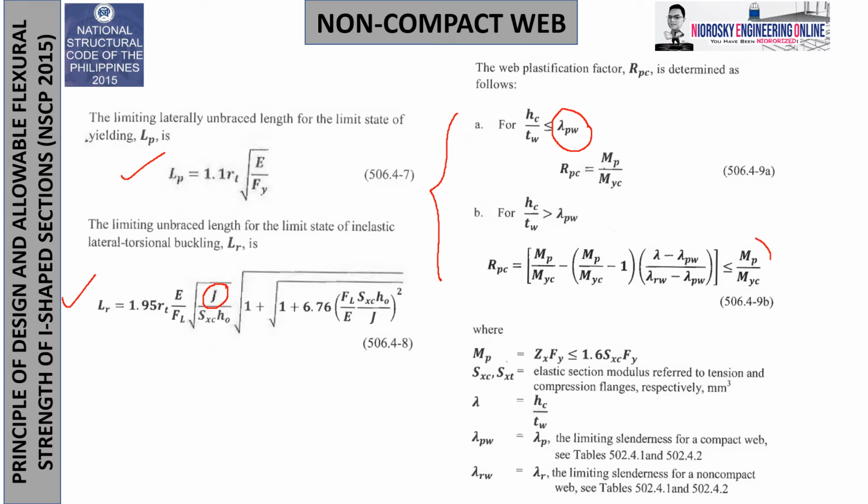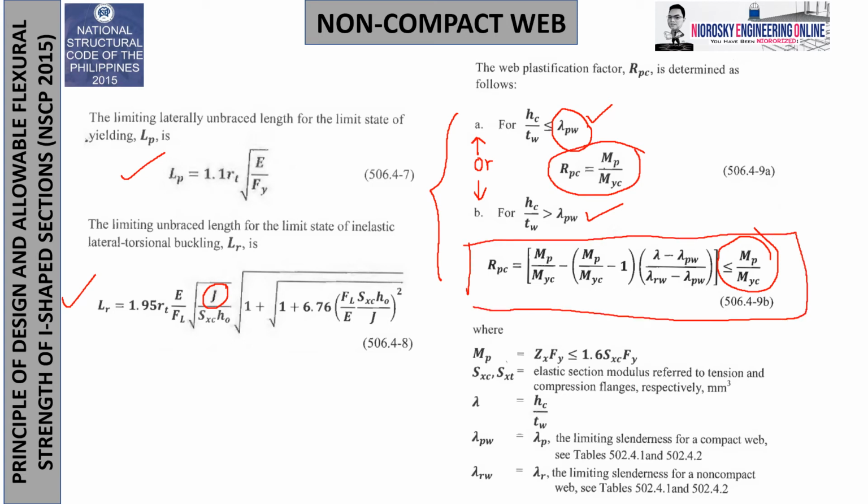At you have to follow this system of linear inequalities, para masunod natin kung ano yung totoong susunod na Rpc. So, determine nyo muna kung A or B. Mamimili tayo based on the classification kung saan napupunta. Yan ba yung nag-less than equal sa lambda pw or baka nag-more than sa lambda pw. If less than equal, ito yung kukumpitin. Okay? If more than, then this should be the computed value.